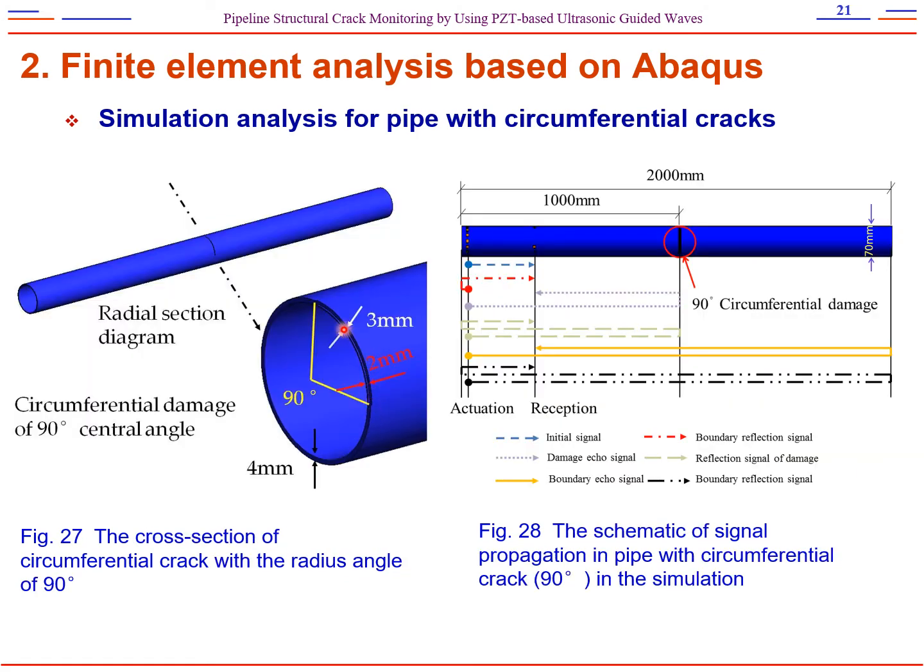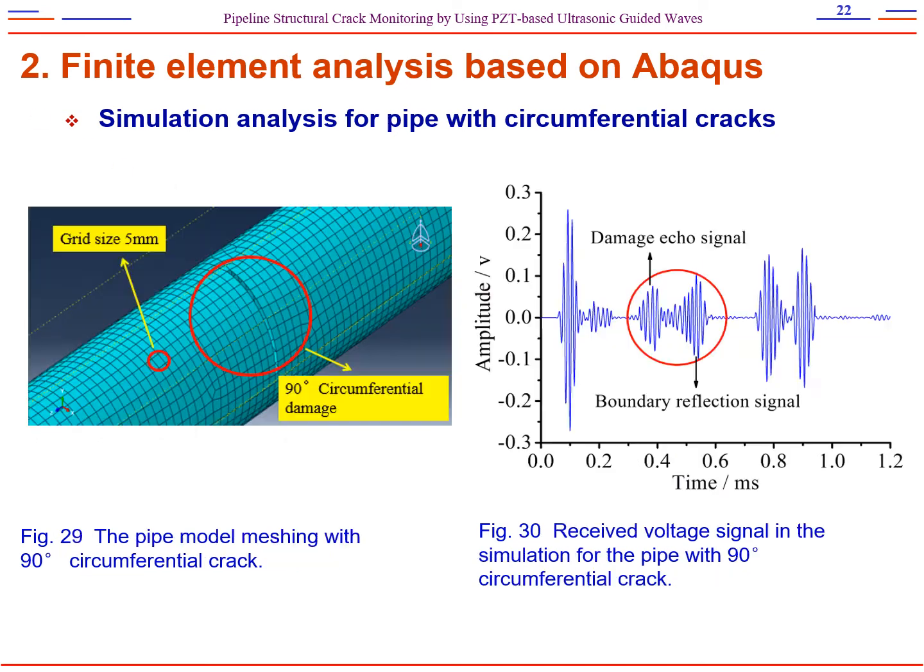We change the crack dimensions, and the angle of the crack is changed from 45 degrees to 90 degrees, and keep the other parameters unchanged. This is the simulation result.